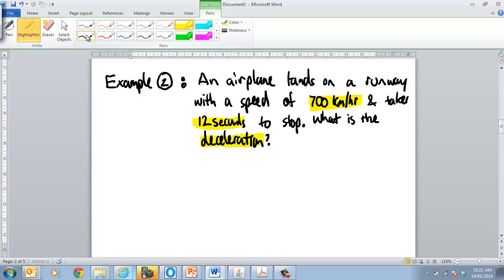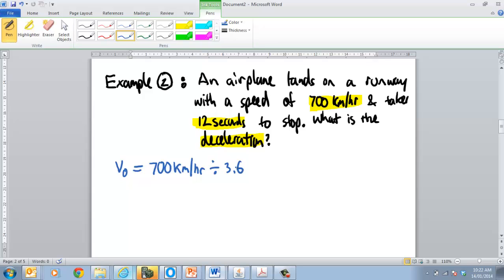Okay, again, this one's got a hidden bit of information here. So we know our initial velocity, V0, is equal to 700 kilometers per hour. Got to convert that to meters per second. So do that.